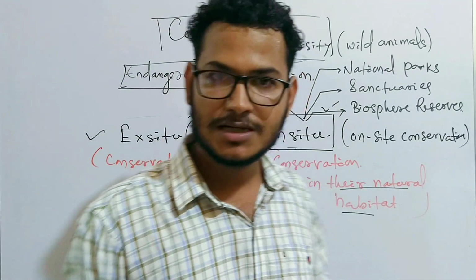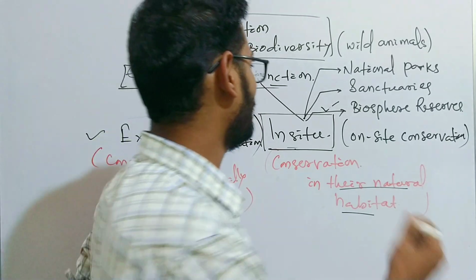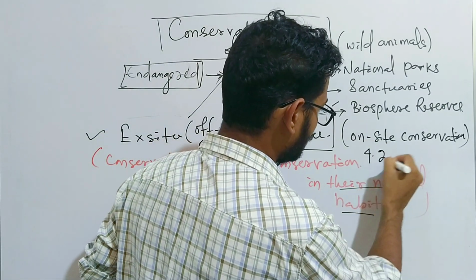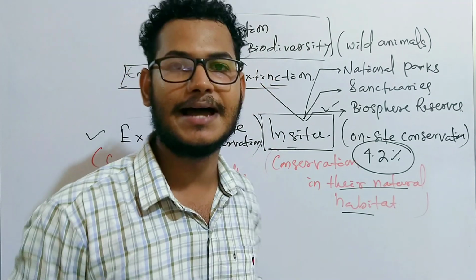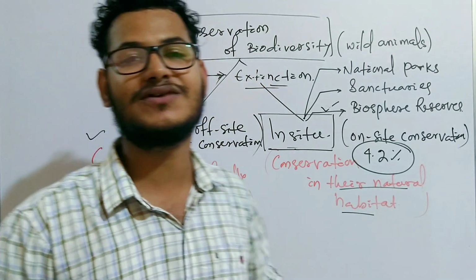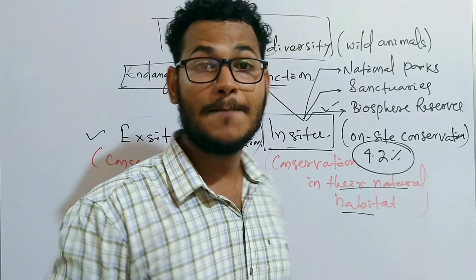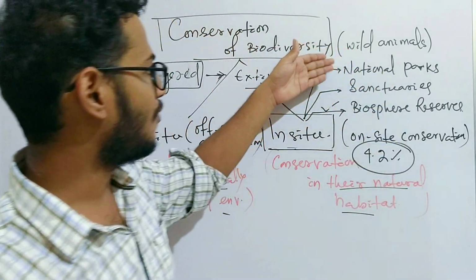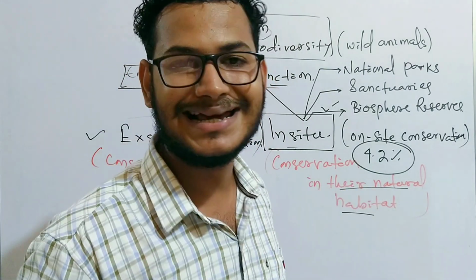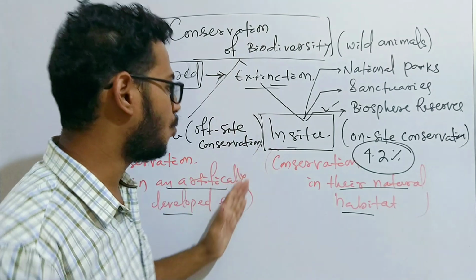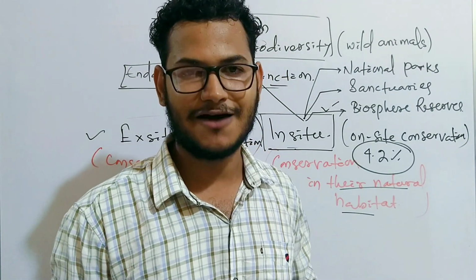So remember, the national parks, sanctuaries and biosphere reserves in India make up 4.2% of the total geographical land. This 4.2% of the total land is made up of national parks, sanctuaries and biosphere reserves that are created to protect wild animals and plants in their natural habitat.